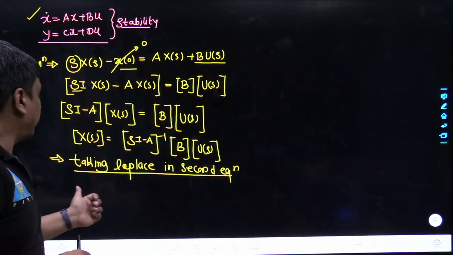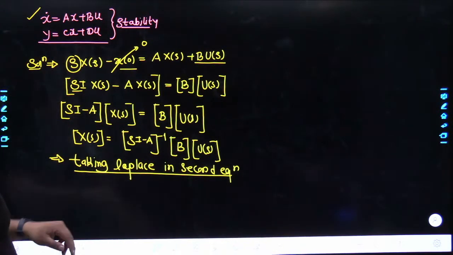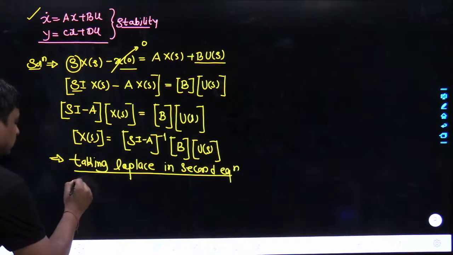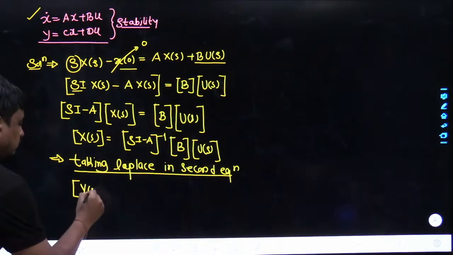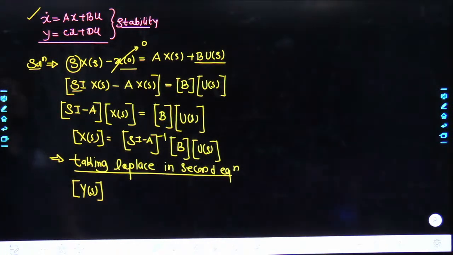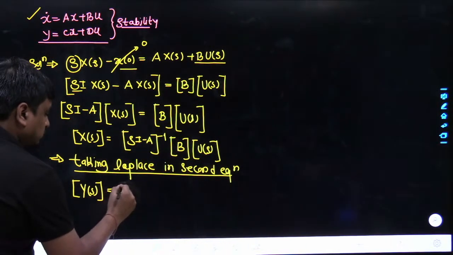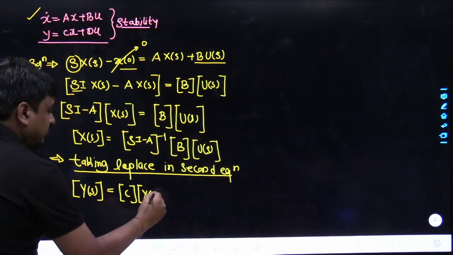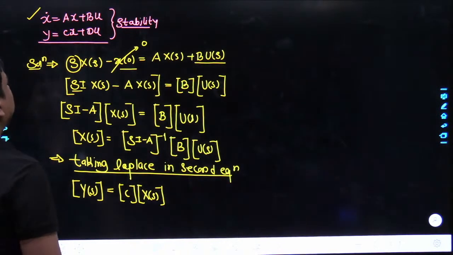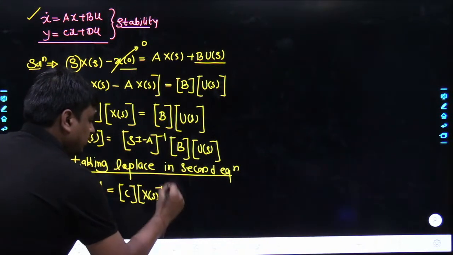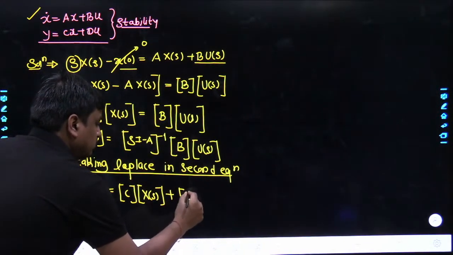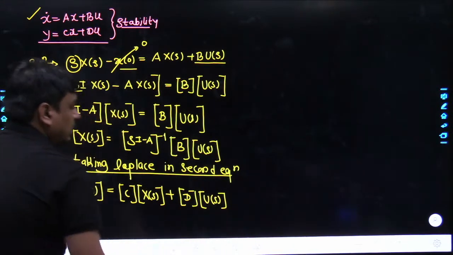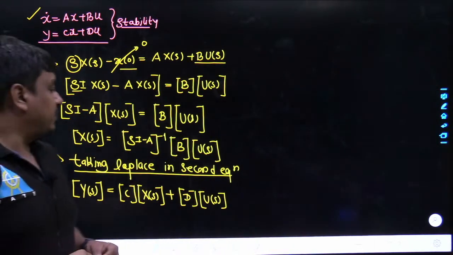Yes. So now what happens at the output side? I would be taking the Laplace of both sides, so it becomes Y(s) equals C times X(s), and here goes D times U(s).